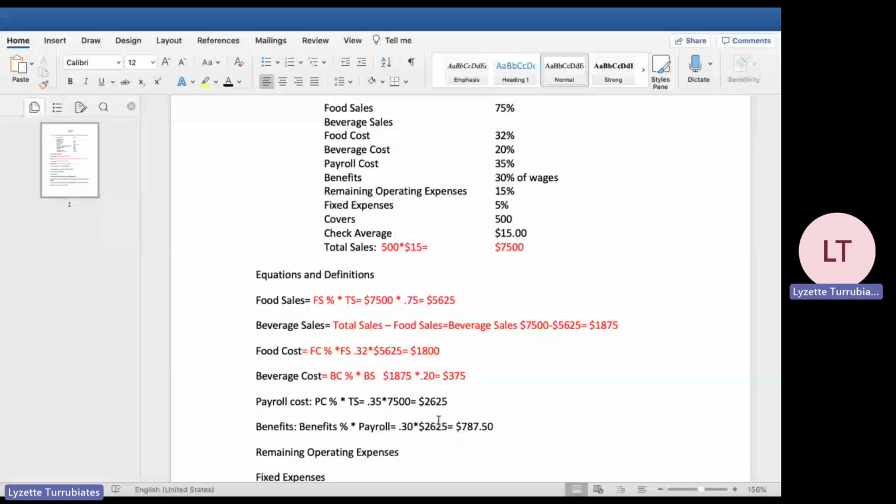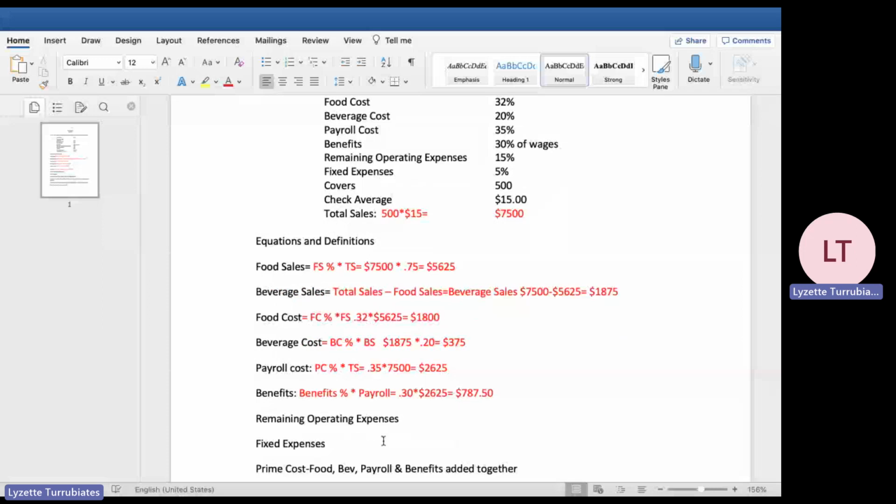So we're going to look at our remaining operating expense percentage. So I'm just going to abbreviate this R and percentage, and we're going to multiply that by our total sales. So that would be 15% times our total sales, which is $7,500.